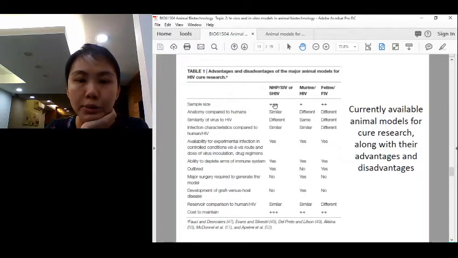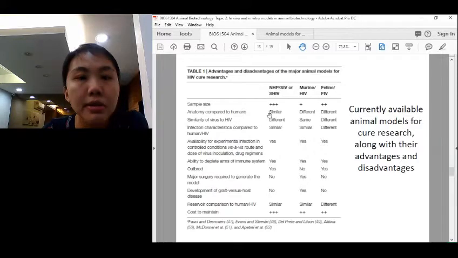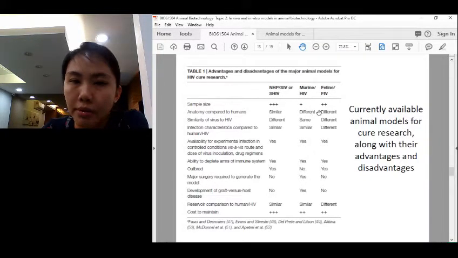They have 3 positives here compared to the murine and feline models. And in terms of anatomy compared to humans, definitely the non-human primate has an advantage, as they are very similar, while mouse and feline models are very different.